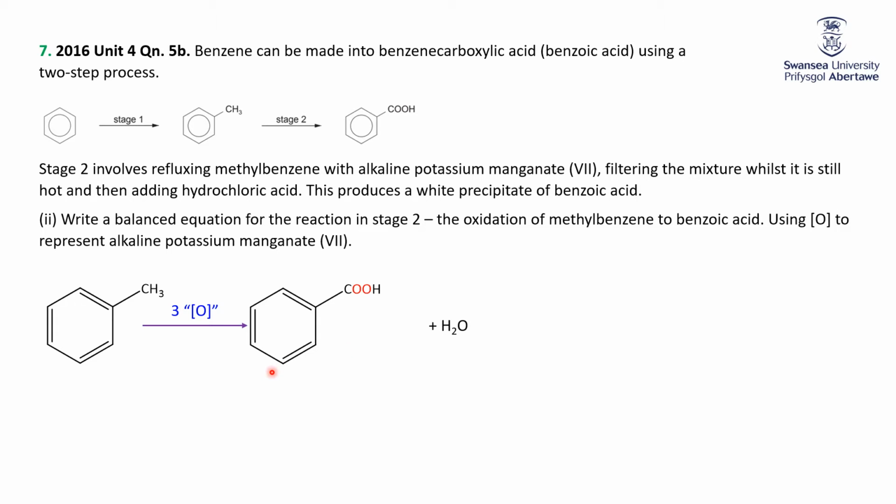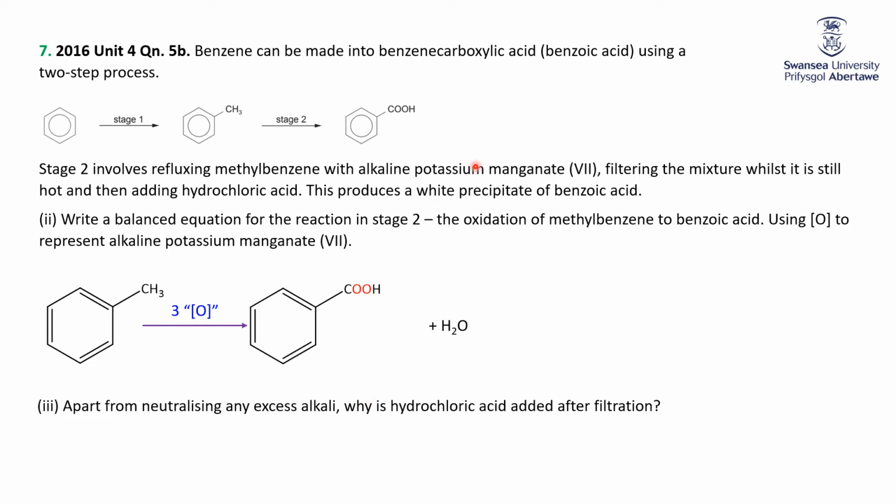You can tell that it is an oxidation from the oxidation numbers: hydrogen is plus 1, so 3 hydrogens is plus 3, so the carbon must be minus 3 here. Over here you've got hydrogen plus 1, each oxygen minus 2, so to make the whole thing balance, the carbon must be plus 3. So the carbon goes from negative 3 to positive 3; it is oxidized.